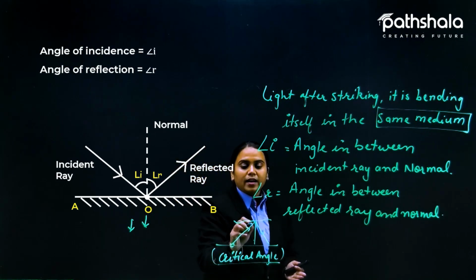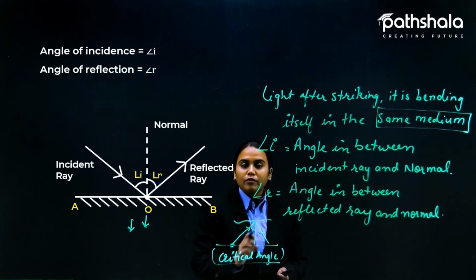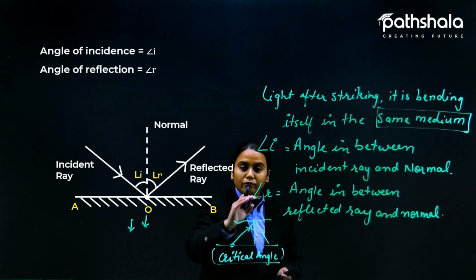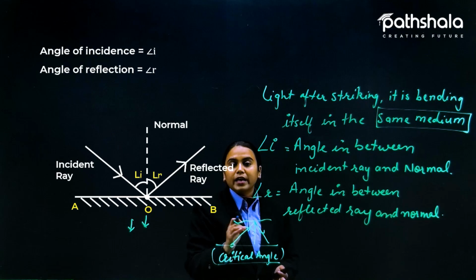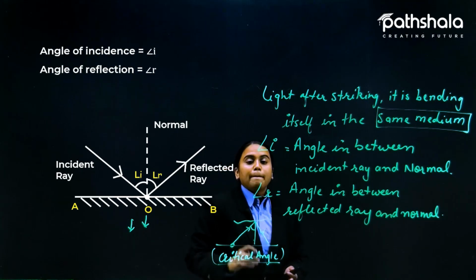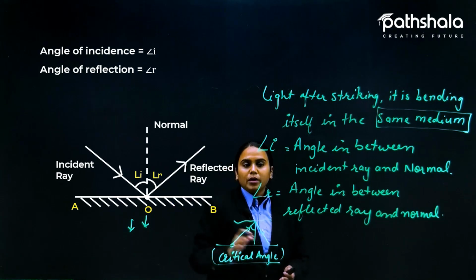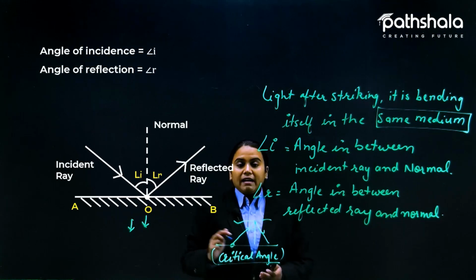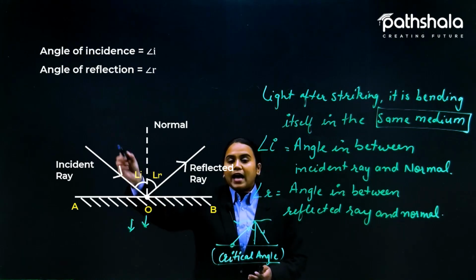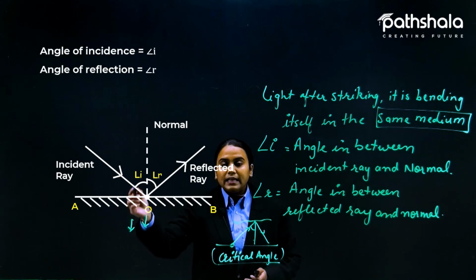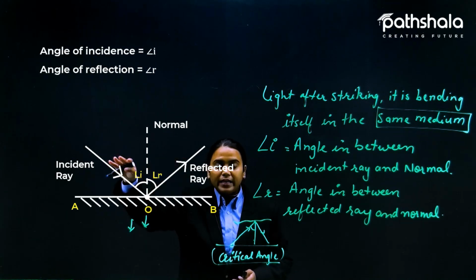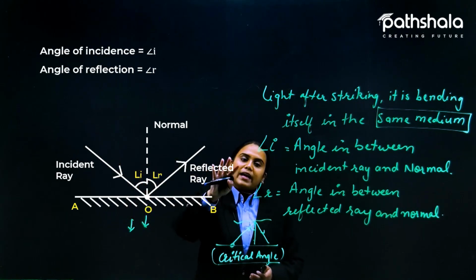The incident angle would have to have some particular value, and only then would it get reflected again if you are in a water medium. But here we are talking about a normal medium, that is the air, where the incident light comes from the air and reflects back in the same medium.